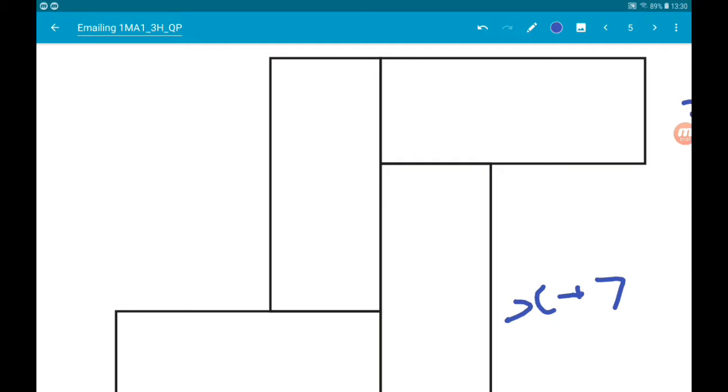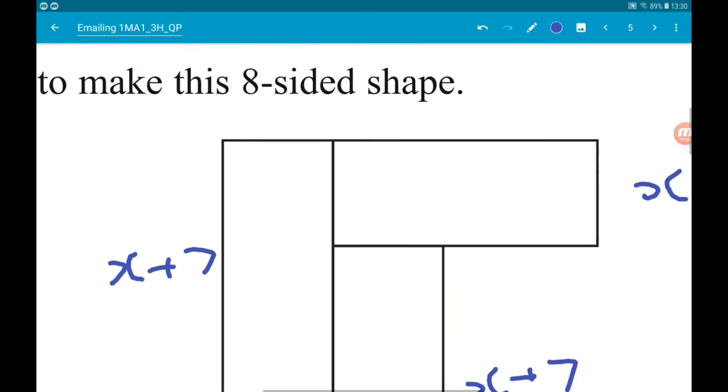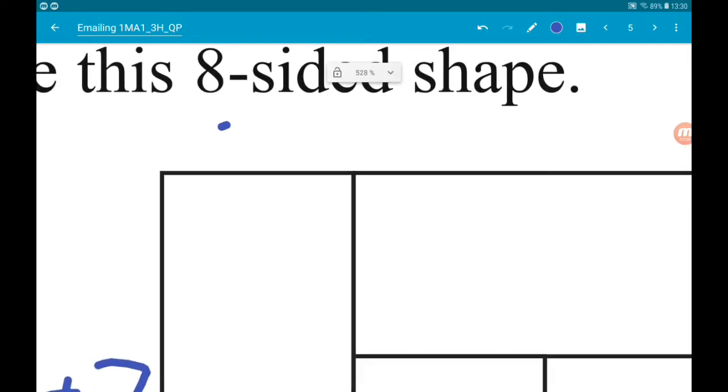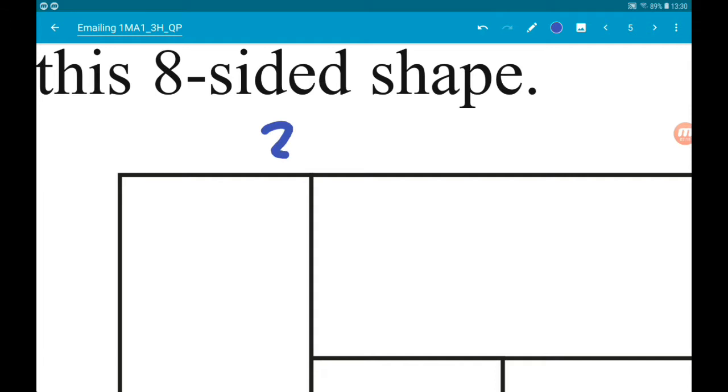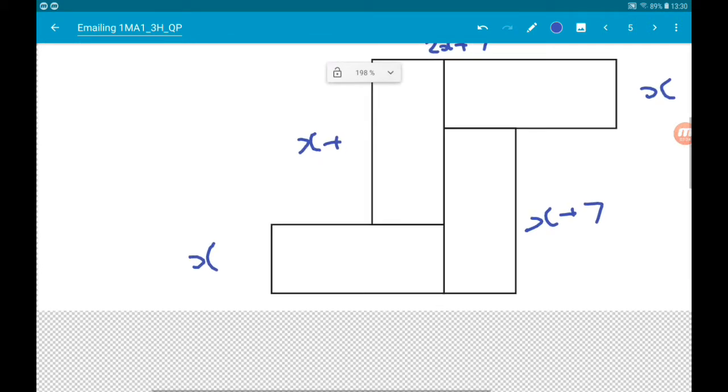We know this bit is x add 7. What about the top and bottom bit? Well, we know this part is x, this part is x add 7, so all together that's 2x add 7. Now we got another one of those on the bottom.